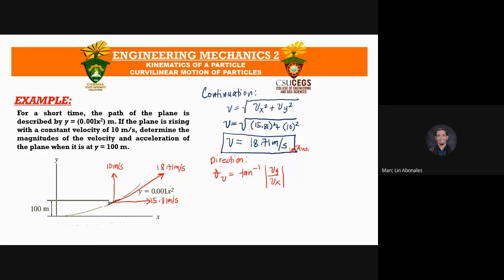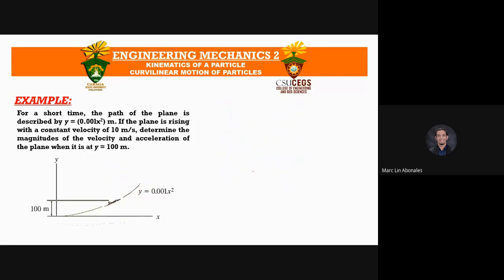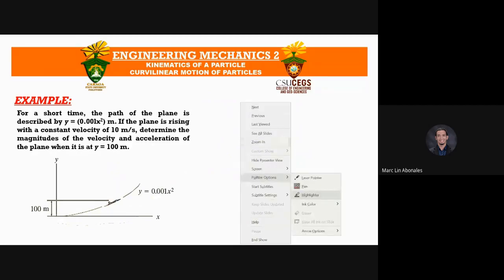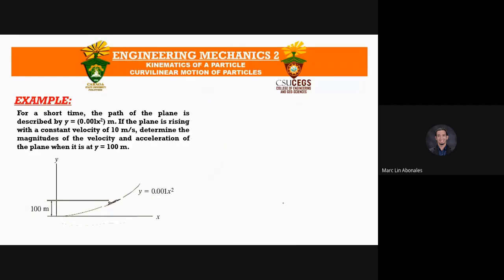For the acceleration, we will do the same. So just a continuation, we also need to determine the magnitude of your acceleration. You just divide it into its components, x and y. So we consider first the y component.